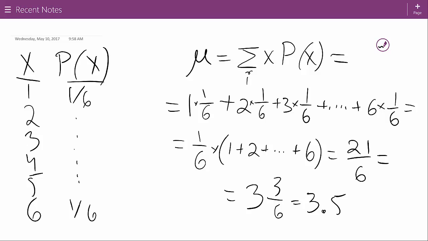So my average reading on the die is 3.5, but note that it's not one of the readings. 3.5 is in between 3 and 4. The die cannot stand on one of its edges, kind of in mid-air, so it's not quite 3 and not quite 4, let's call it 3.5? No, of course that's not what's happening. So 3.5, we don't round it up or down, that's just the average, the long-run average for our experiment.